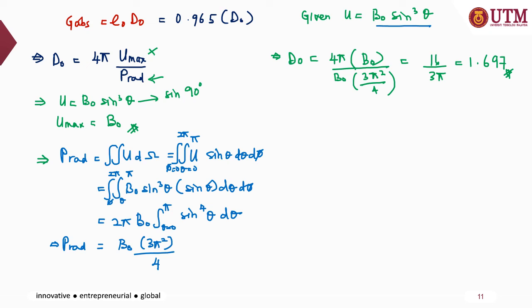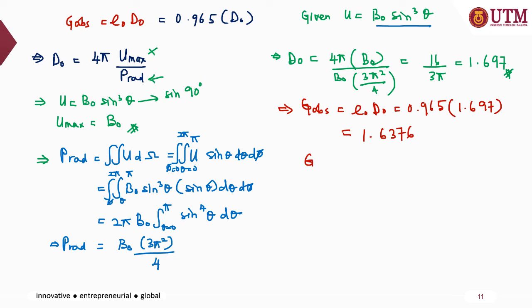Okay, so we have the E naught and D naught, so you can calculate the G abs. Absolute gain equals E naught D naught, which is 0.965 for your E naught, the total efficiency, times the maximum directivity of 1.697. So your G abs is equal to 1.6376.